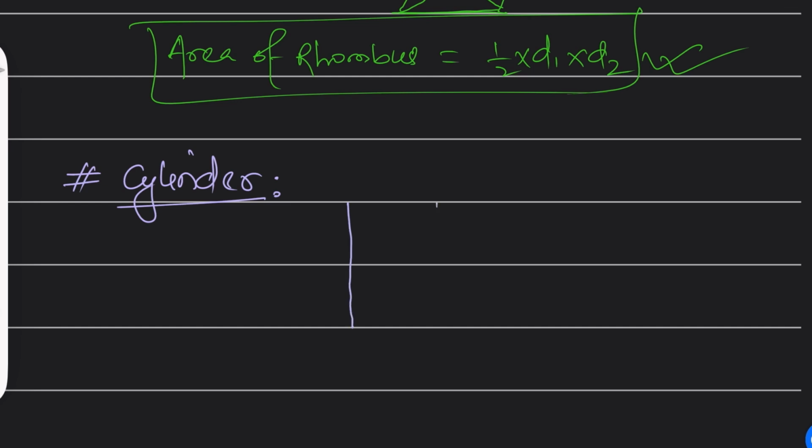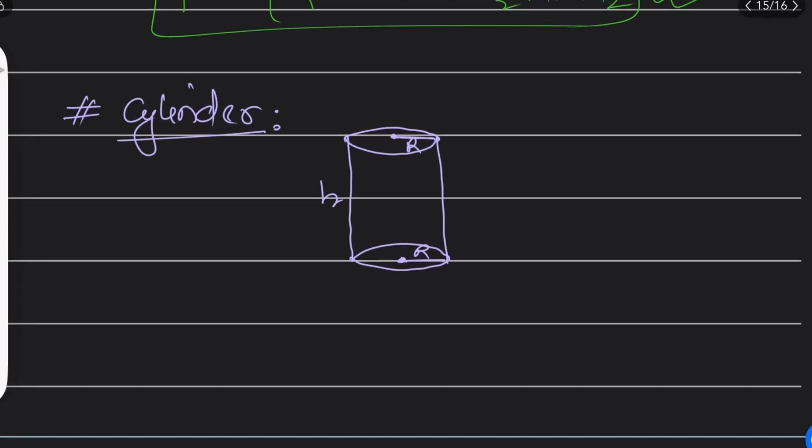In a cylinder, the base and top both have the same radius, let us say r. If h is the height of the cylinder, you can calculate three areas.